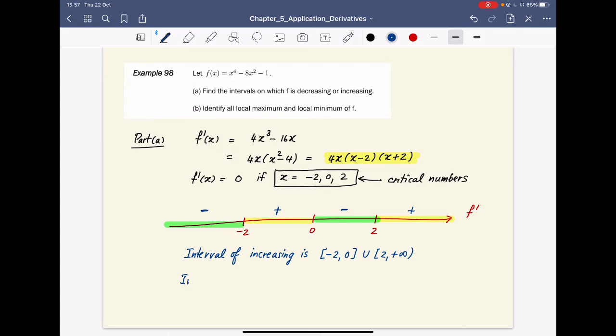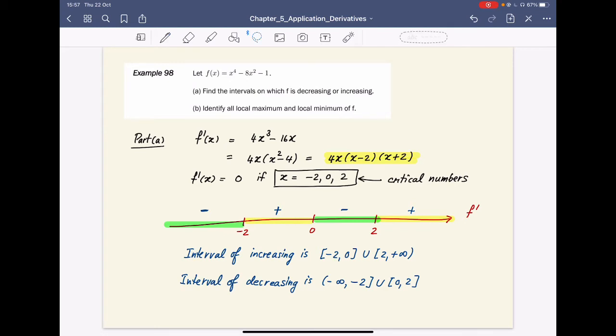And then the interval of decreasing is the one where you see the negative sign, which is going to be negative infinity to negative 2, union 0 to 2. So this is part A. Easy.